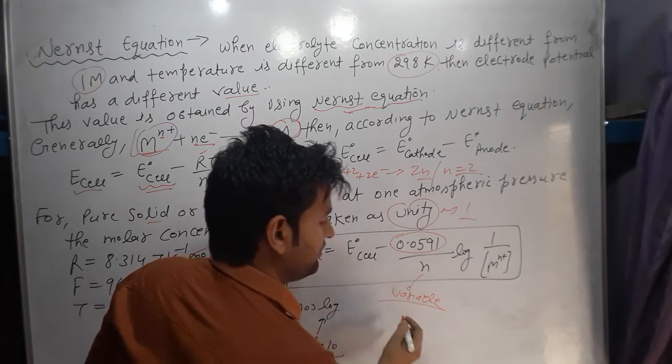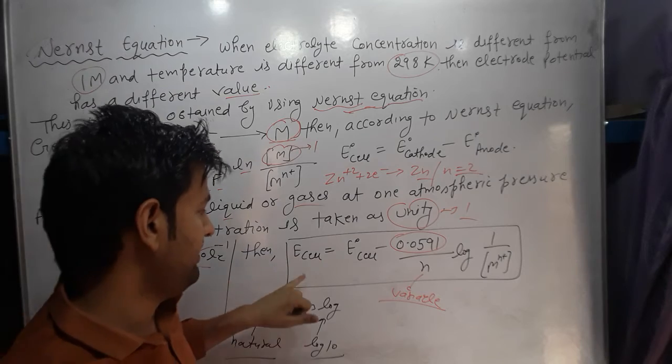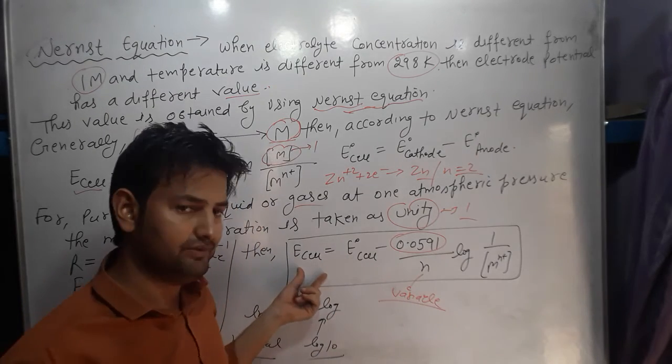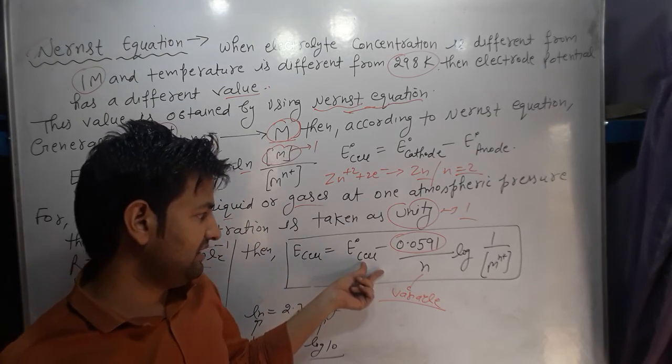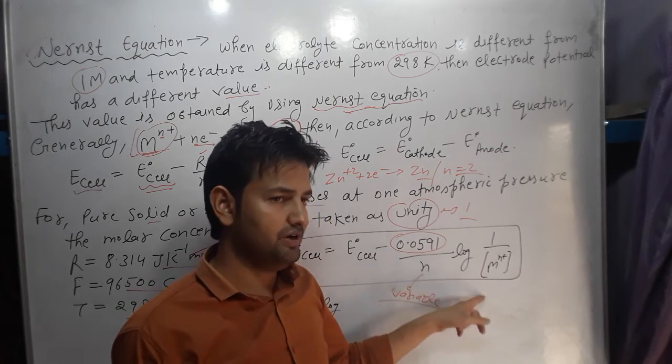It is different for different types of electrodes. So the Nernst equation modifies into this form: EMF of the cell is equal to E° of the cell minus 0.0591 over n log 1 over M^n+.